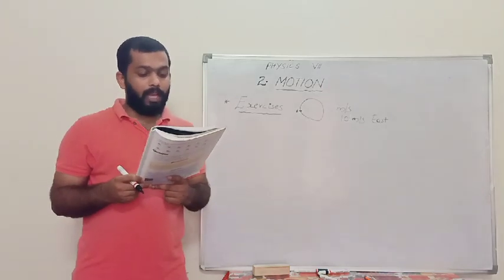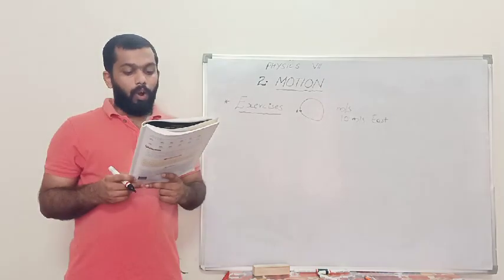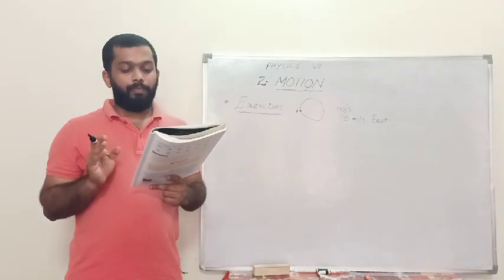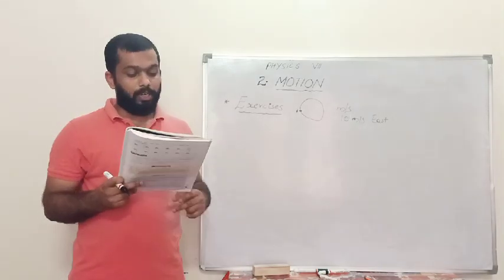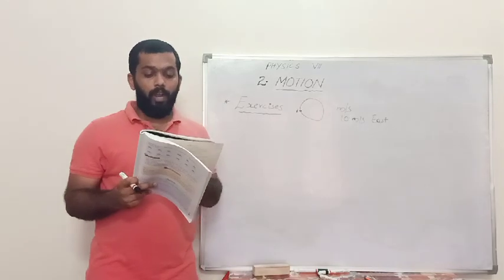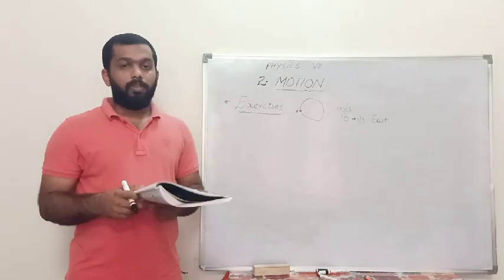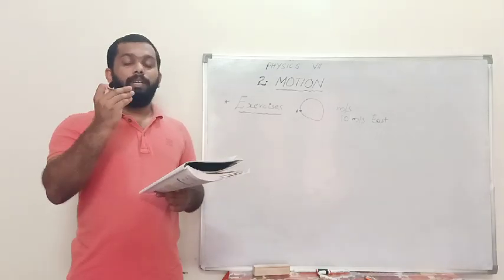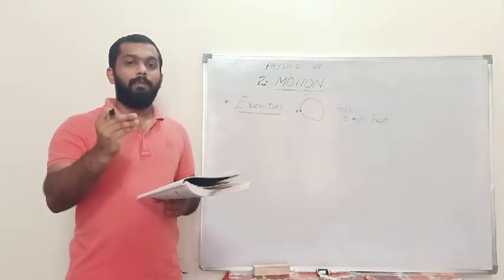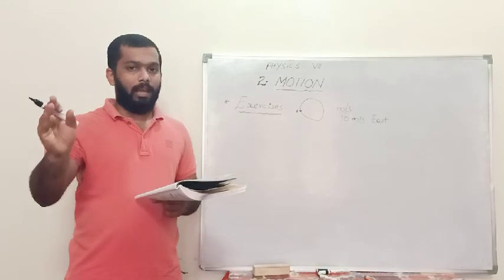Then third one, explain why a car driven on any city road is an example of non-uniform motion. So what is uniform motion? If the object is traveling the same distance in the same interval of time.